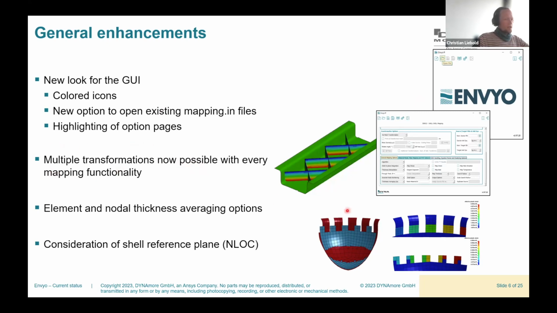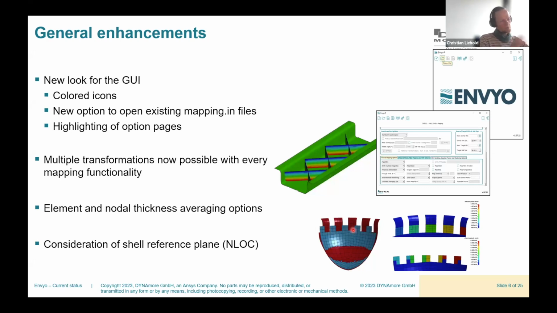We've had some functionalities for multiple transformations. It's a generic example, but sometimes specific areas do not fit to each other, like in this case.